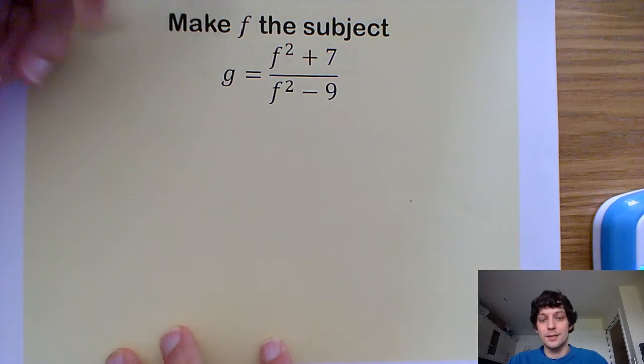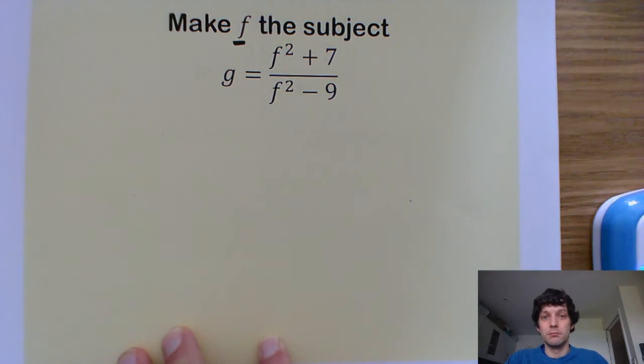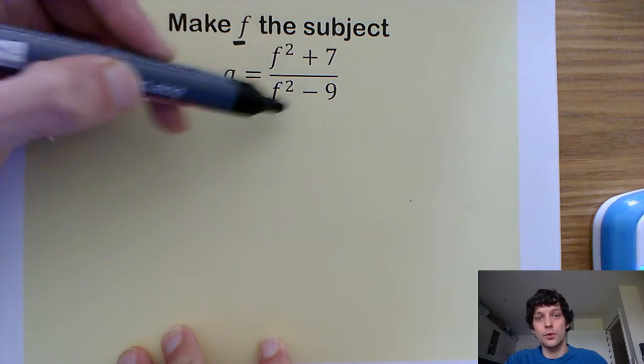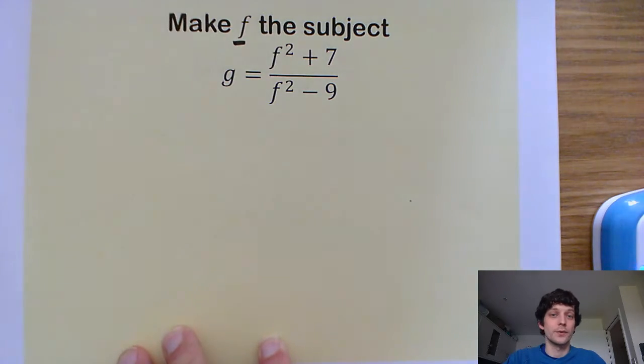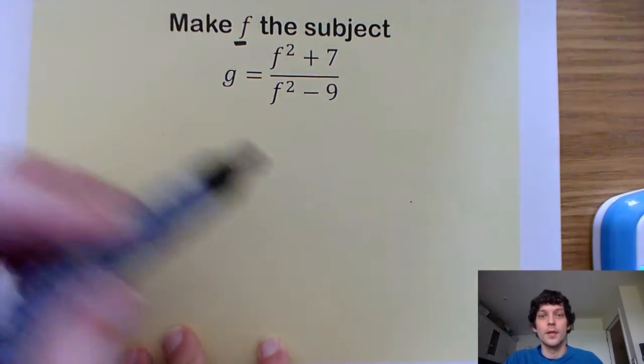Okay, here we're asked to make f the subject, and it might look harder because we've got f squared at the start. We've got f squared terms, so we think, well, how am I going to make f the subject? Because I've got f squared here. If I make f squared the subject, it's going to be easy to make f the subject, so let's focus on doing that first.